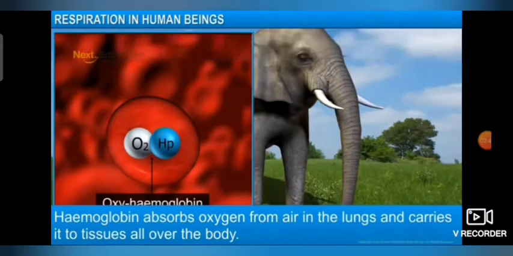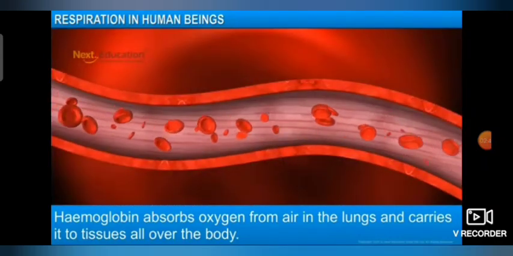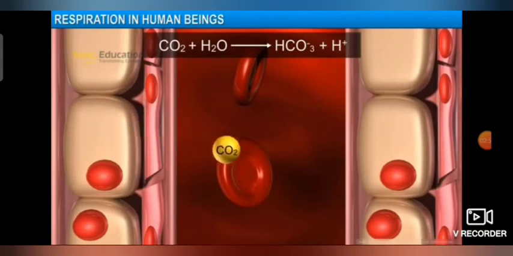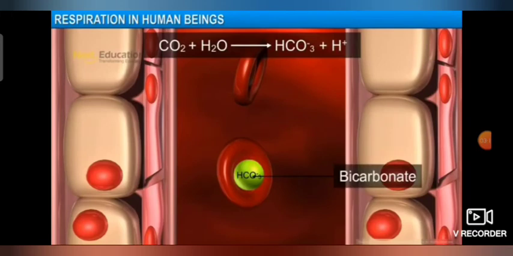Later, through oxyhemoglobin, oxygen is distributed to all the cells and tissues. The cells release carbon dioxide, which diffuses into the nearby blood capillaries. Carbon dioxide is more soluble in water than oxygen. Therefore, carbon dioxide is generally transported through blood in the bicarbonate form, which is its dissolved form.